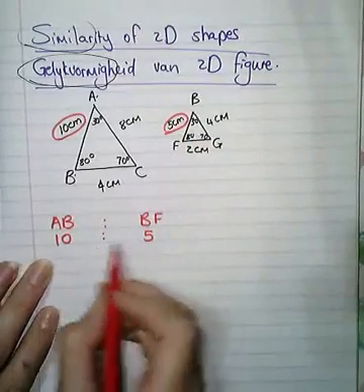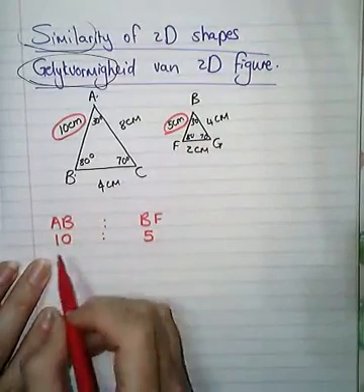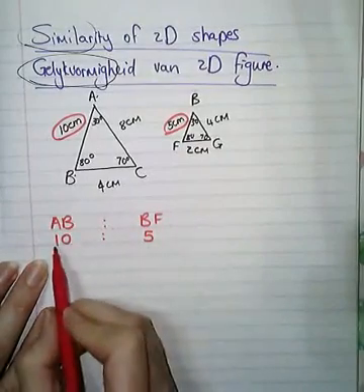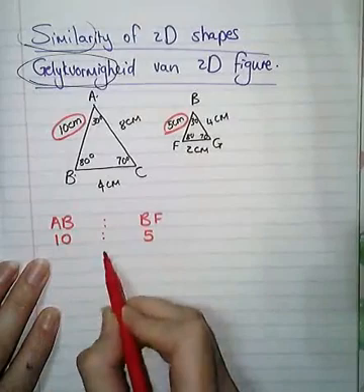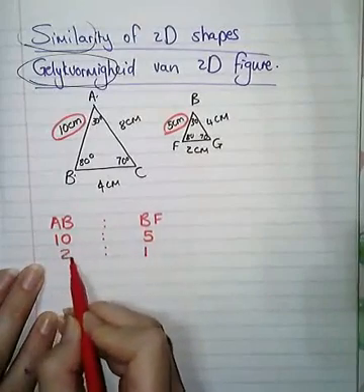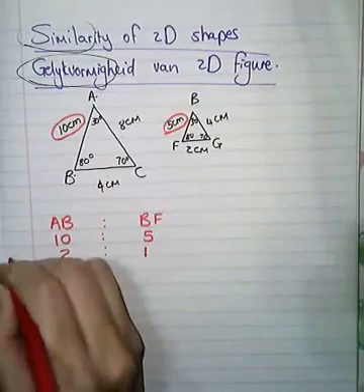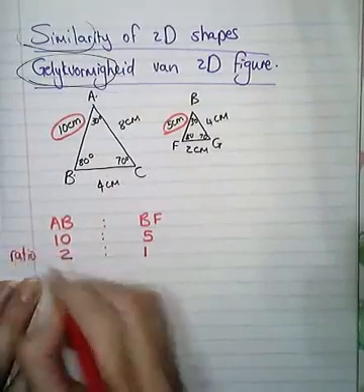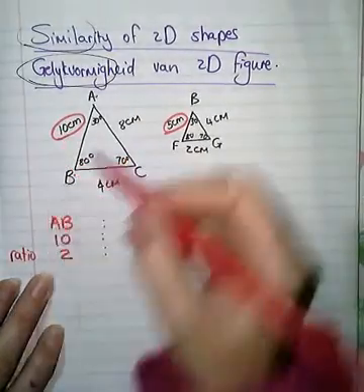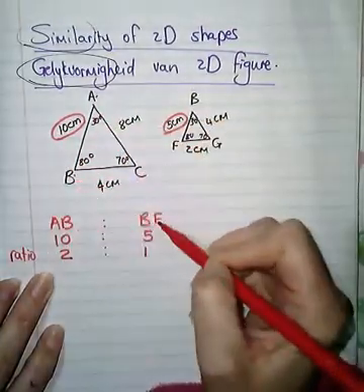So as ons daai verhouding vereenvoudig, if we simplify this ratio, then we can divide this one by 5 to give us 1. We can divide that one by 5 to give us 2. So the ratio is 2 to 1, which means that this one is double the length of this one.